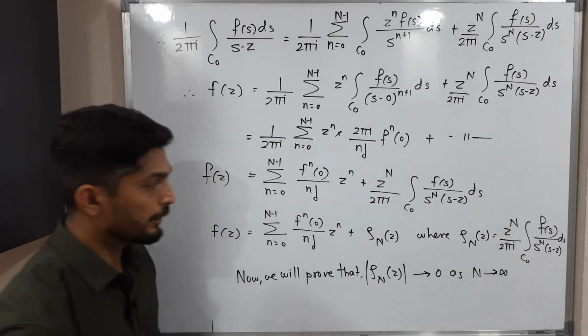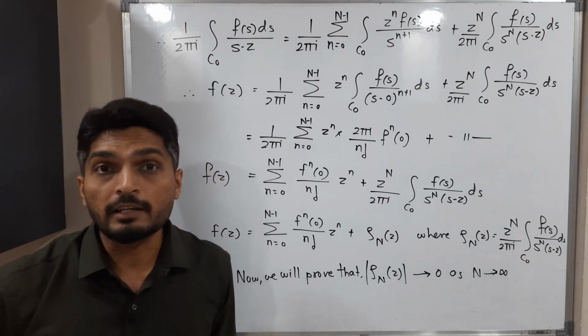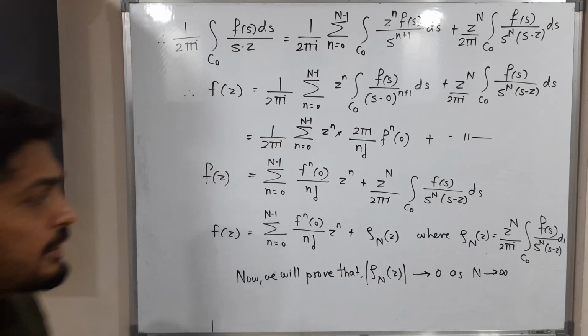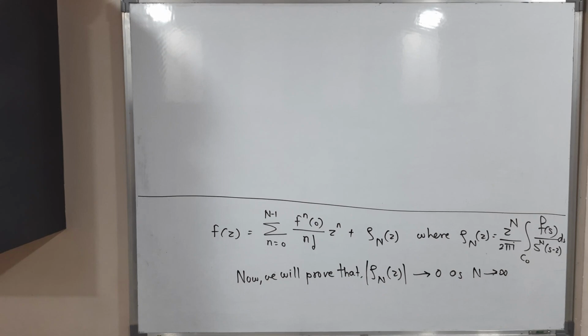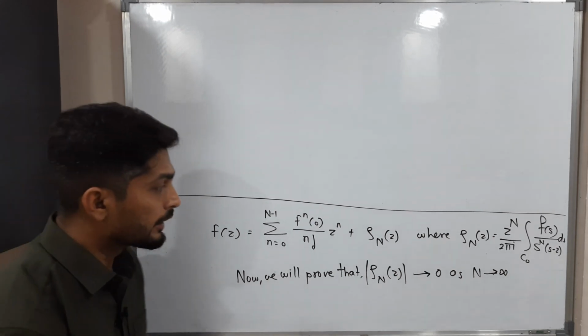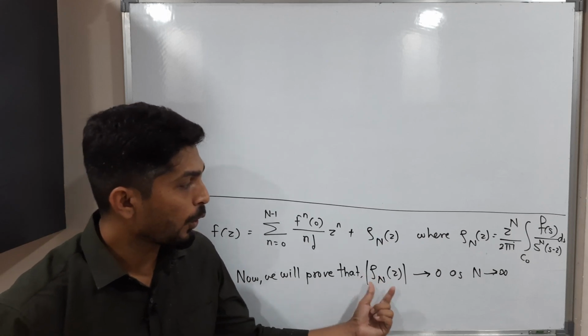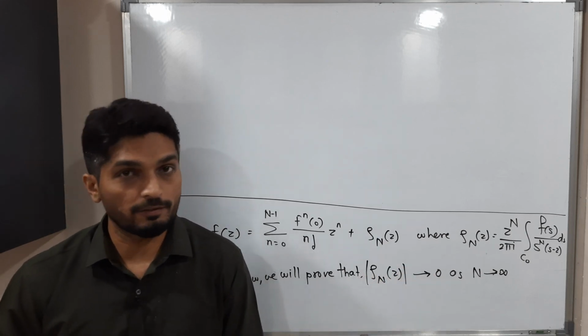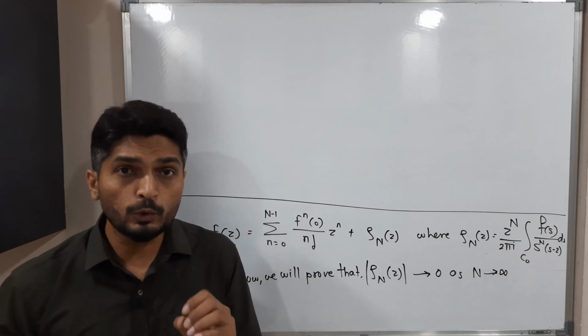We are going to use the ML inequality for that. Just make a screenshot of it, then we will go further. As I told you earlier, we use the ML inequality to prove this. But before actually applying the ML inequality, we need to do some calculation.